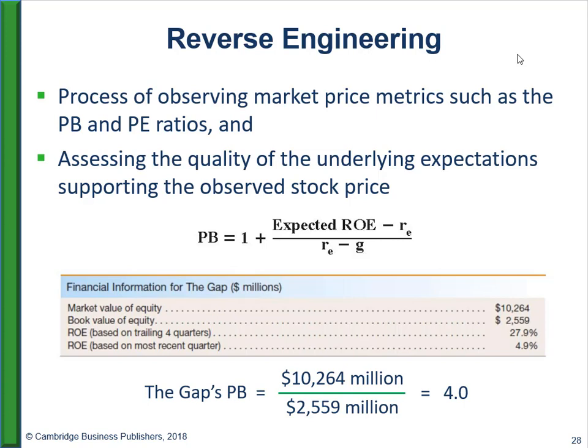And then we're going to be able to assess for ourselves whether or not we think a particular growth rate is reasonable, or whether or not a particular cost of equity is something that we'd be willing to accept. And if it's ballpark, then we're probably close to an accurate price. And if it's an outlier, then we'll probably have an opportunity to do a little bit more digging and discover something that's true about a stock.